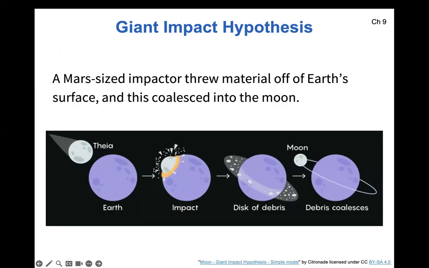All right. So the giant impact hypothesis looks like this: Earth fully formed, but still primordial, probably still partially molten, gets impacted by a hypothetical planetesimal, almost Martian-sized, given the name Theia.